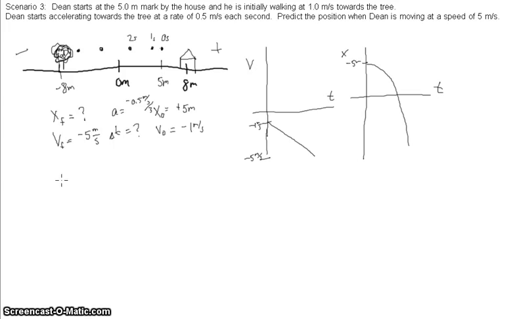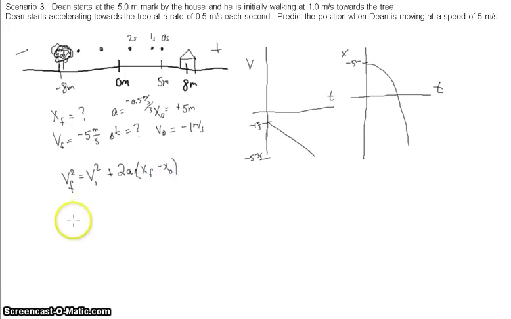Again, we can find time, but still it doesn't give us the final position because we don't have the time. So if you go to the last one, the v_f squared equation, this would be the most appropriate one to use on that list because you have the initial and the final velocity, you have the acceleration, and all you need to solve for is the final position.